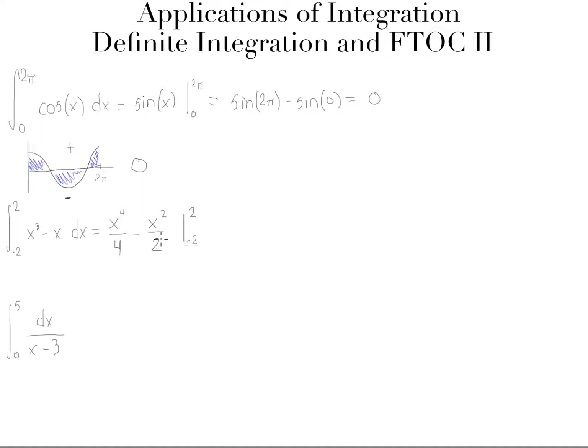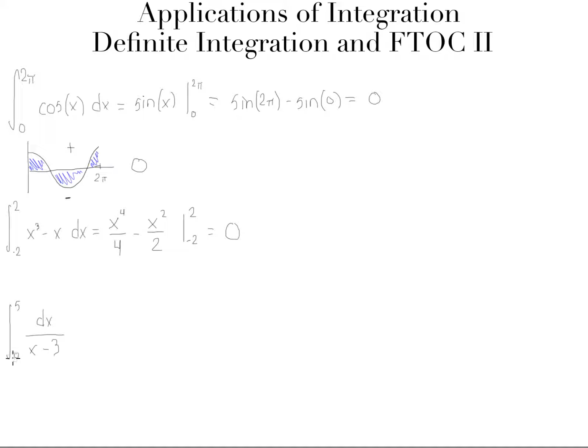Now note that since both of these exponents are even numbers, negative 2 squared, or negative 2 to the fourth, will equal 2 to the fourth. So this is actually 0. Once again, since we'll have 2 to the fourth minus negative 2 to the fourth and minus 2 squared over 2 plus negative 2 squared over 2.